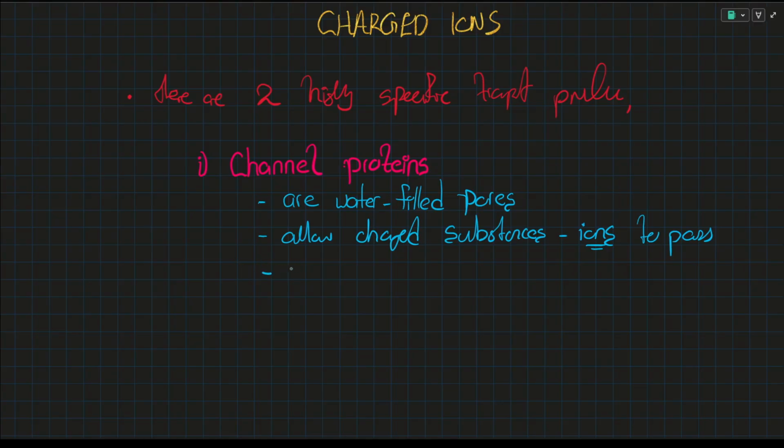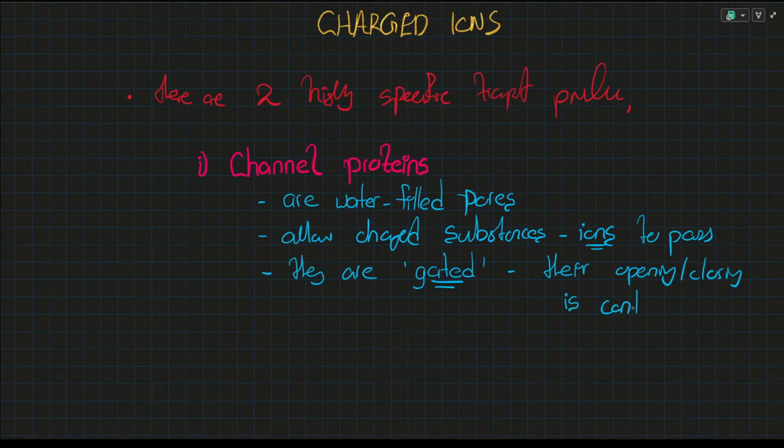And the last point I have to mention about them is that they are gated. We typically refer to them as gated ion channels or gated channel proteins, meaning their opening or closing is heavily, tightly controlled. That's the first type.